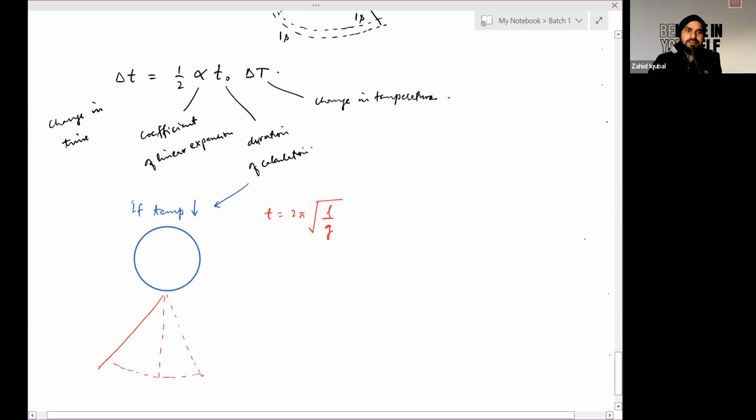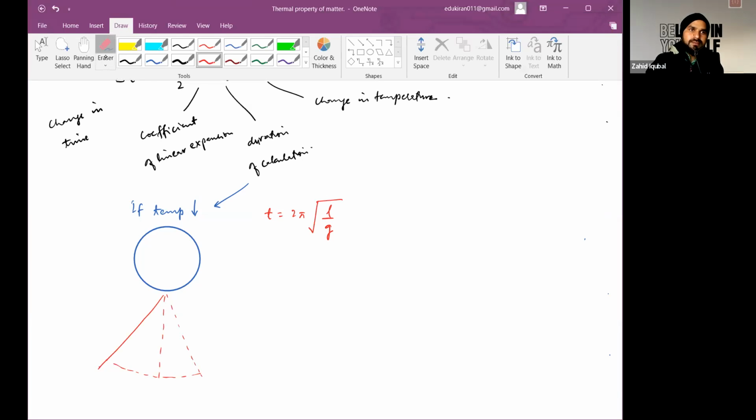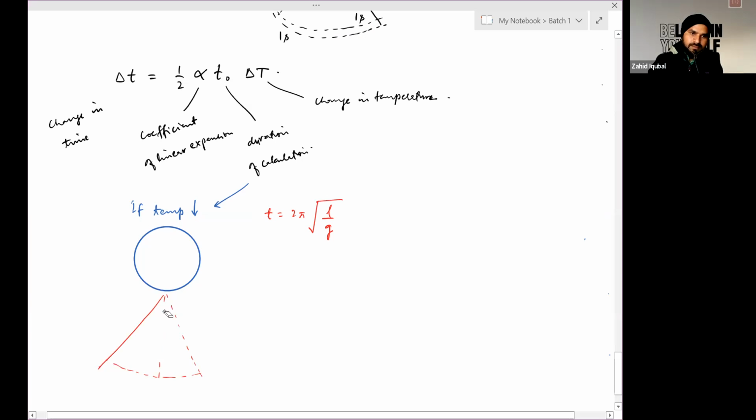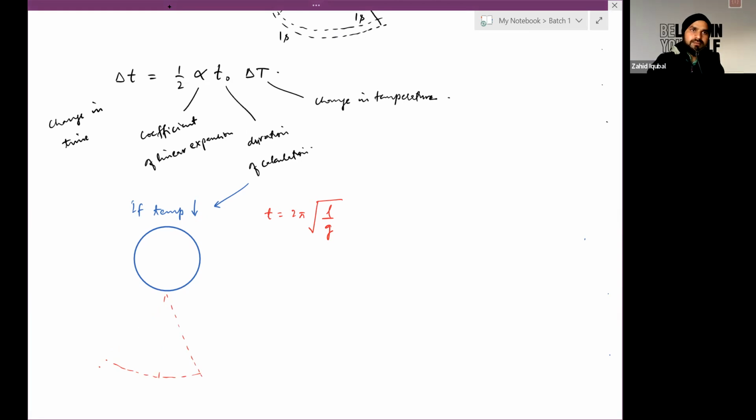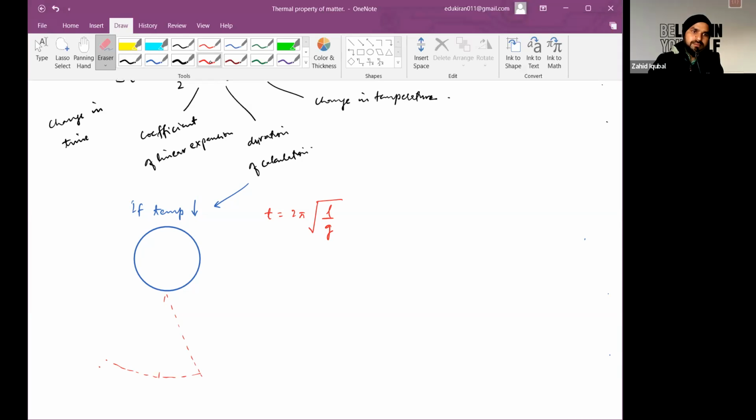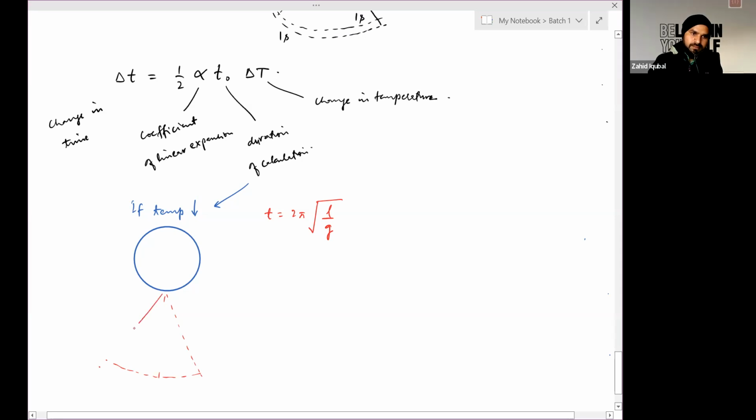Since length gets decreased, we can say on decreasing temperature, length will decrease according to the concept of linear expansion.